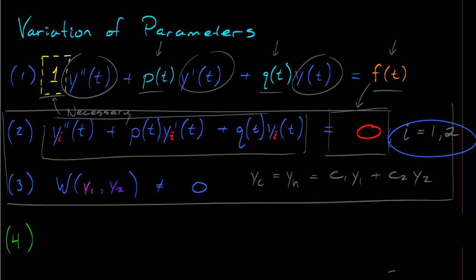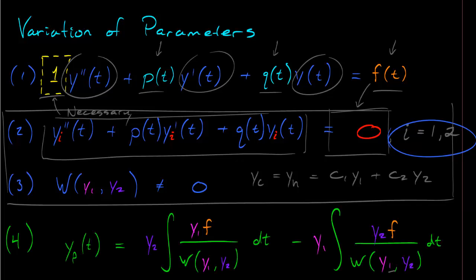Okay, after we've got all that, we can move on to part 4, and this is the variation of parameters formula. This is all it is. It says that a particular solution, y sub p, is given by y sub 2 times this integral minus y sub 1 times this integral. Notice I've dropped the functional notation at this point because writing t after everything gets a little bit tedious.